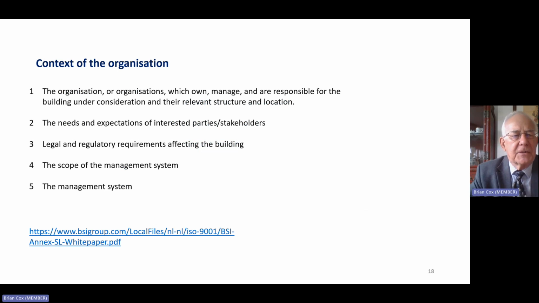So the context of the organization is about how does your organization work? Do you own the buildings? How are the buildings managed? Who's responsible for the building? And so on. And then the needs and expectations of interested parties and stakeholders, what legal and regulatory requirements affect the building, the scope of the management system, and the management system itself.